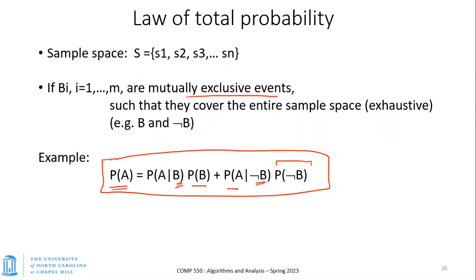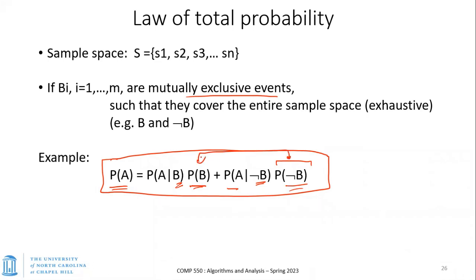Basically we're saying, what is the probability that an event A has occurred? Now we're saying that some other event, which may or may not be independent, we're trying to relate it to that. There's a probability that B occurred, and there's a probability that B didn't occur, and these 2 are mutually exclusive.